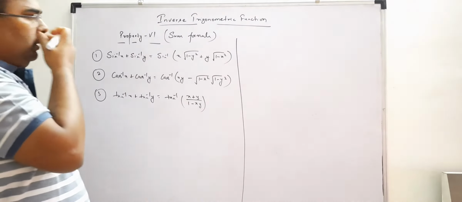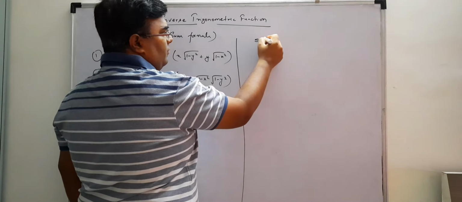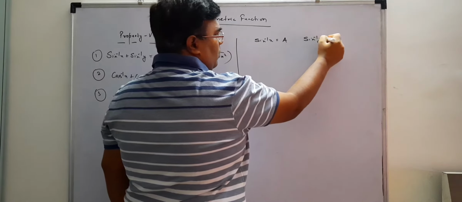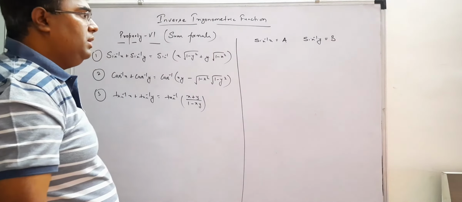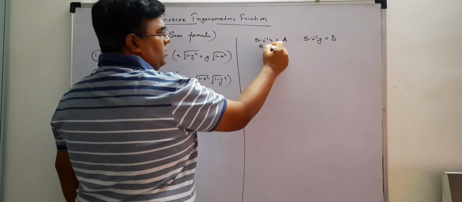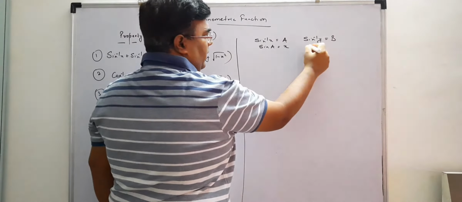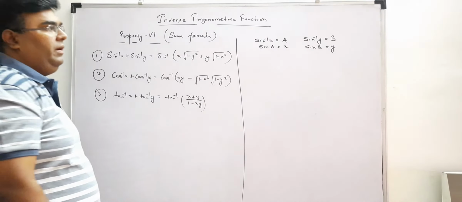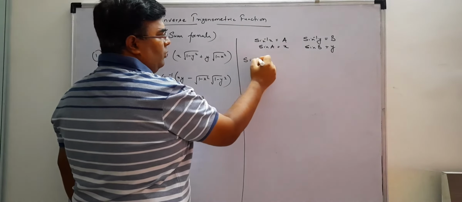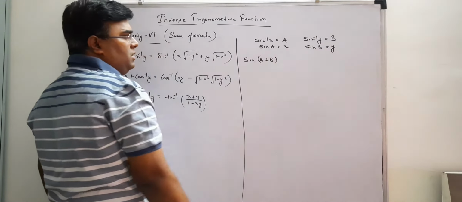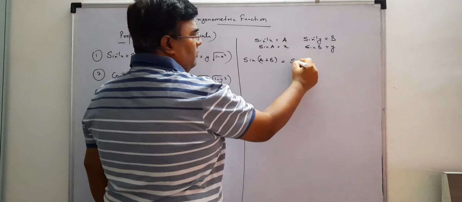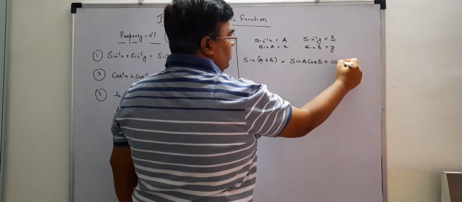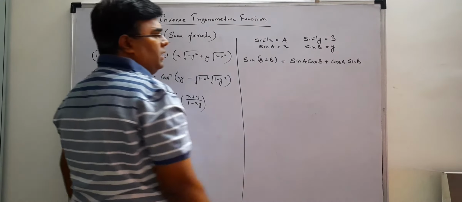Let's say sin inverse x is A and sin inverse y is B. So sin A is x and sin B is y. Now in trigonometry we have the sum formula: sin(A plus B) is sin A cos B plus cos A sin B, correct?